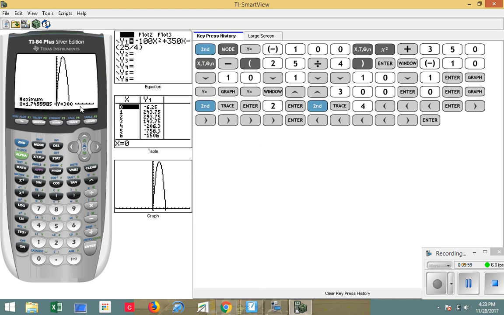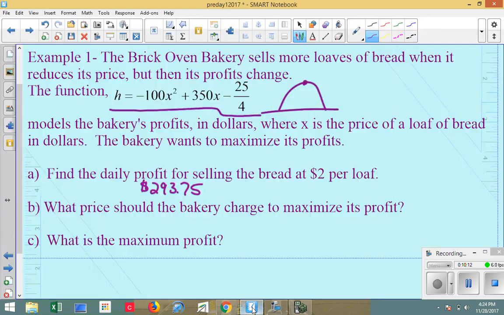So $1.75 will give the highest profit of $300. I was able to find that vertex without doing any algebra or completing the square. So we would say $1.75 and $300. Again, that was using the calculate maximum feature.